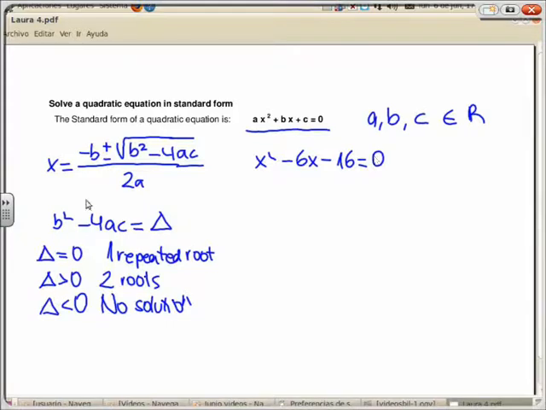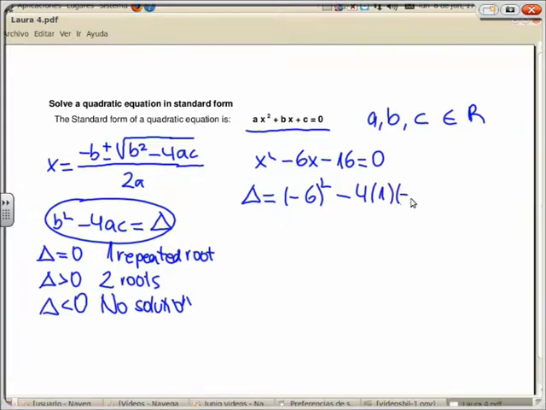We substitute in this formula, and we get that the discriminant is equal to negative 6 squared minus 4 times 1 times negative 16. This is equal to 36 plus 64, that is equal to 100.